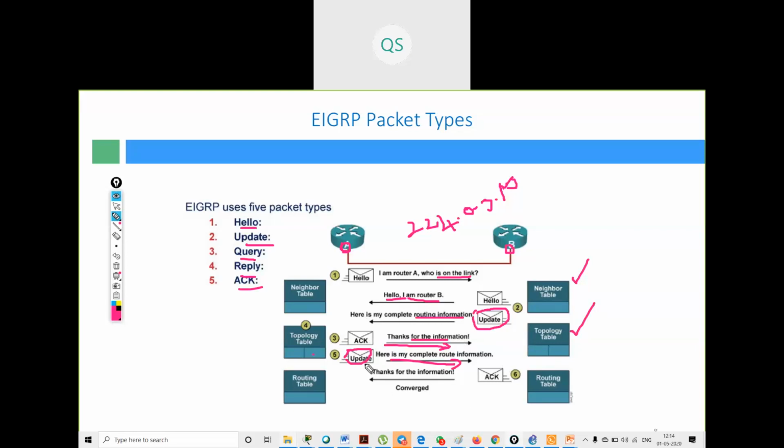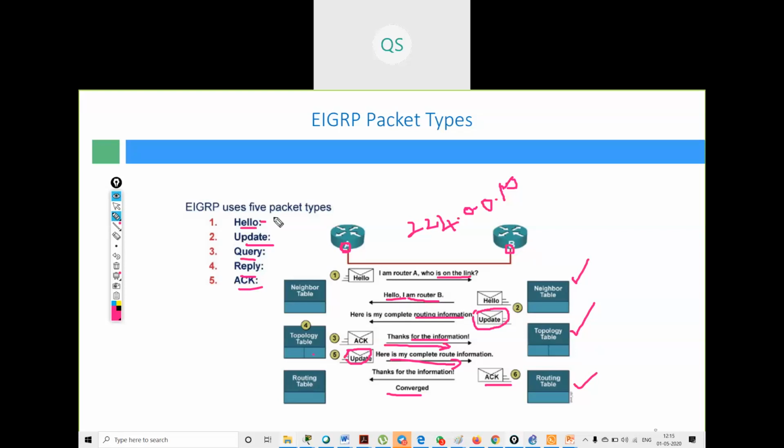Then when both networks have converged with each other and send ACK messages, the routing table is built. So this is the initial route discovery process, the process by which routers in EIGRP become neighbors.